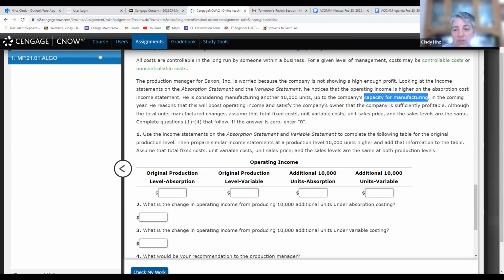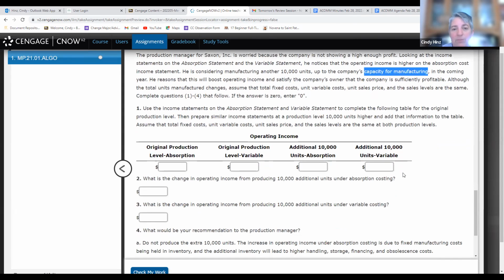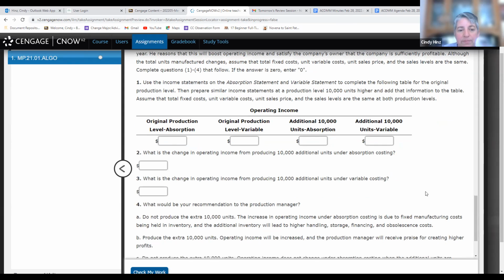So we are asked here to use the income statements on the absorption and variable statement to complete the following table for the original production level. Then prepare similar income statements at a production level 10,000 units higher and add that information to the table. Assume that total fixed cost, unit variable cost, selling price, and sales level are the same at both production levels. Okay.